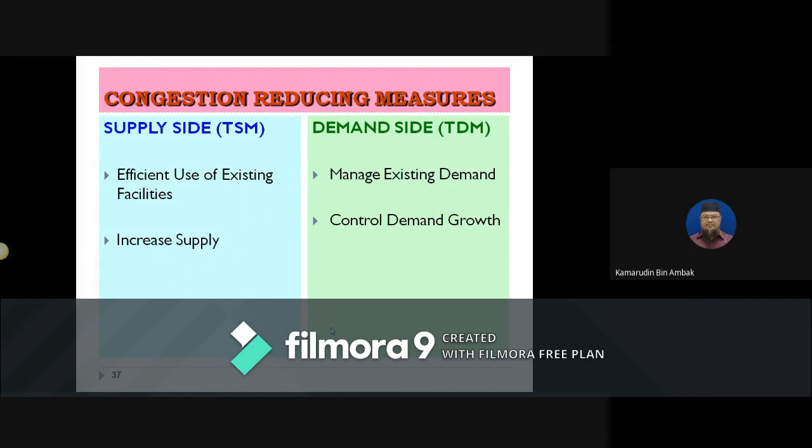TSM looks at the facilities, the infra, and also tries to increase the supply to meet the demand, to provide more system in terms of the road network or increased capacity. Whereas TDM tries to manage the existing system in terms of mode of transport and control the demand growth and so on.